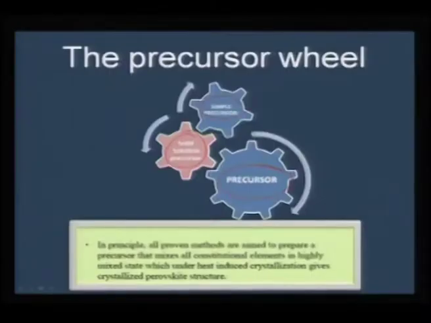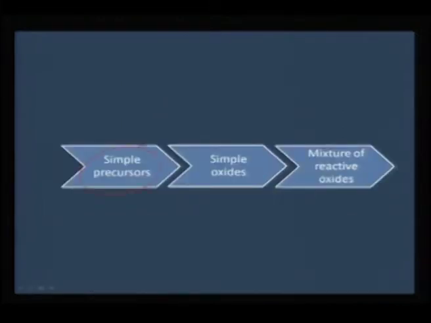In the simple precursor you may have to go through one or two more steps, but nevertheless it still has the advantage of a precursor method. So, in simple precursors, when you heat it, you actually get simple oxides, and the simple oxides can be a mixture of reactive oxides.